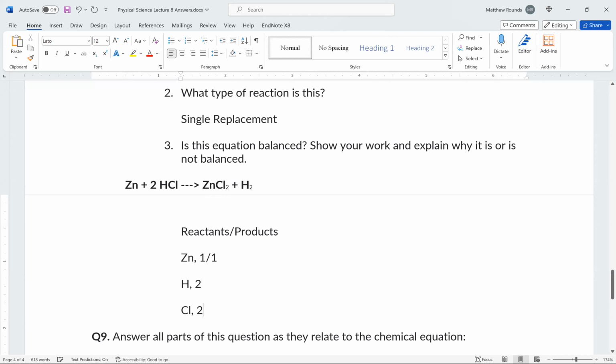Now the Cls, there's two. So it's two again. How many hydrogens do you see on the right? Two. Are these numbers the same? Yes. Okay, so yes, it's balanced.